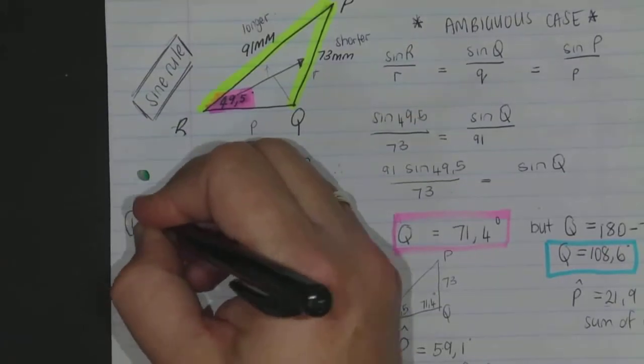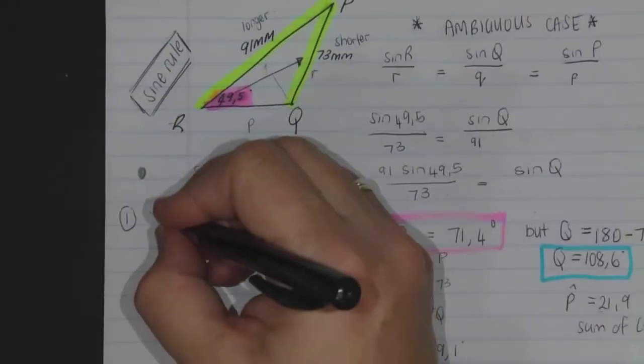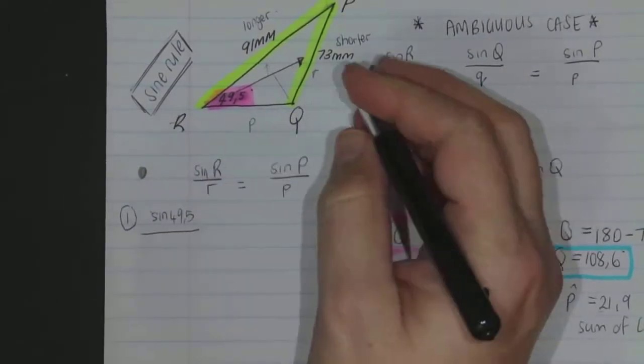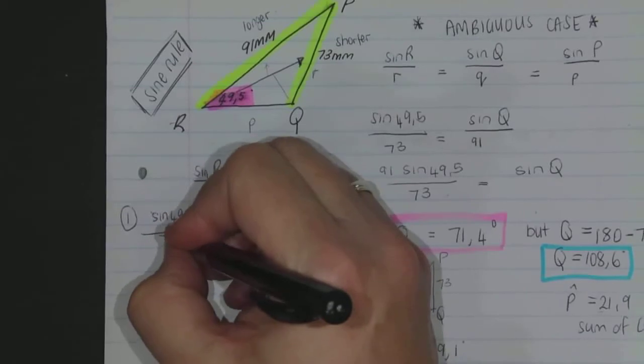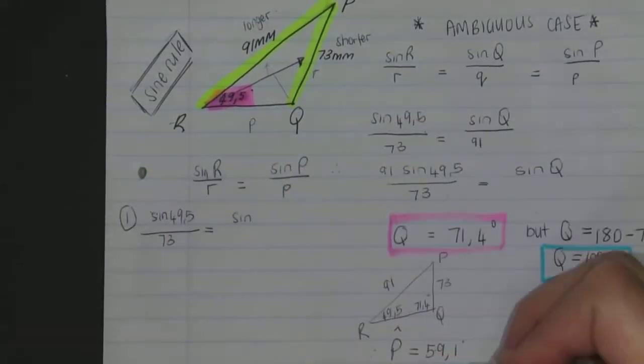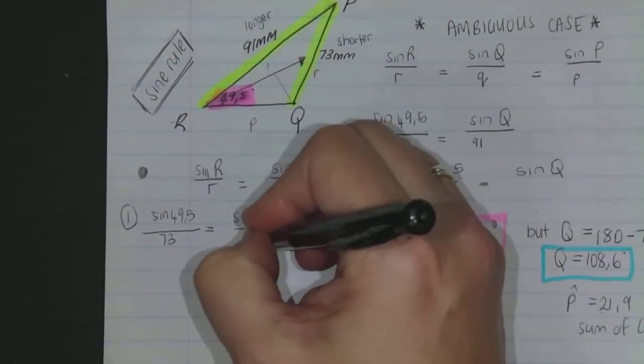So my first option is where I will have sine 49,5 over 73 is equal to sine P, and my first option is 51,1.